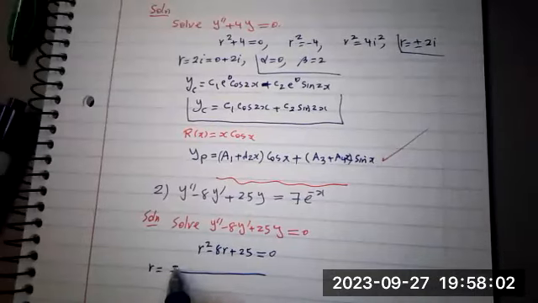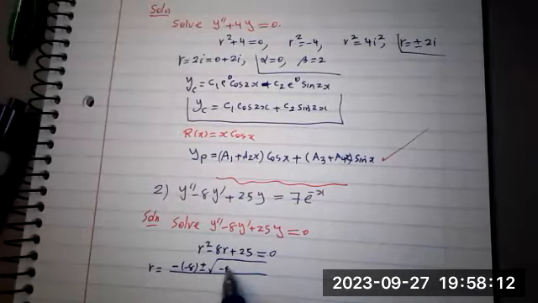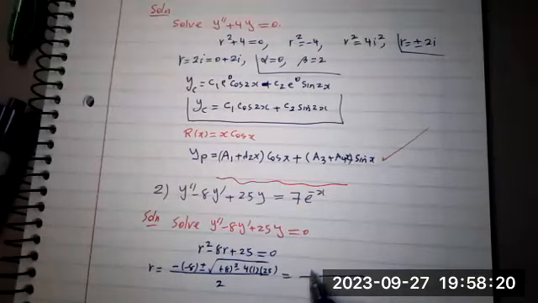So that gives you negative of negative 8, plus or minus the square root of negative 8 squared minus 4 times 1 times 25, over 2. So that gives you 8 plus or minus the square root of 64 minus 100, over 2.